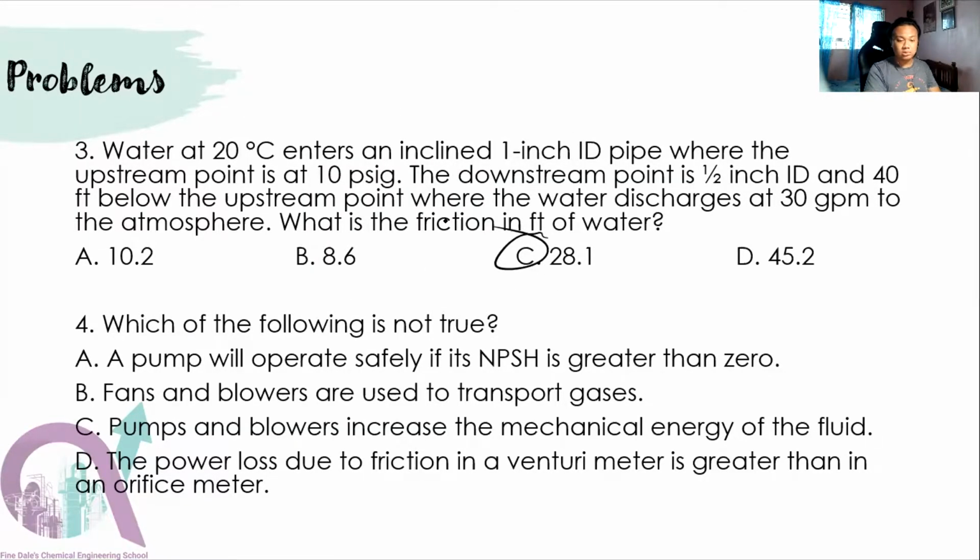Which of the following is not true? The answer is letter D. So the power loss due to friction in a venturi meter is greater than in an orifice meter. So just compare, for your reference. Let's see, this is an orifice meter.